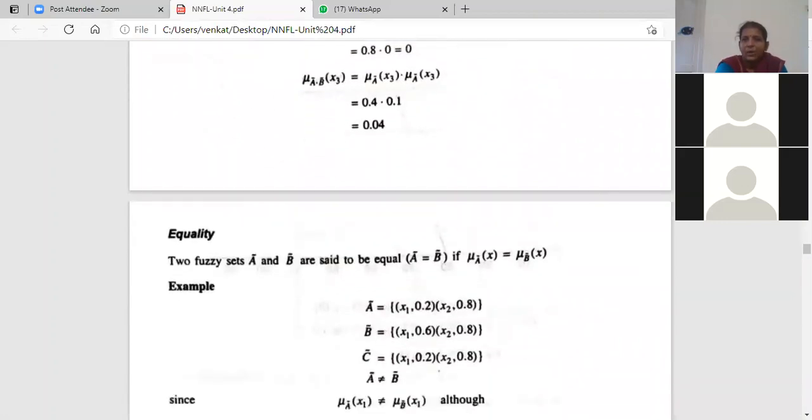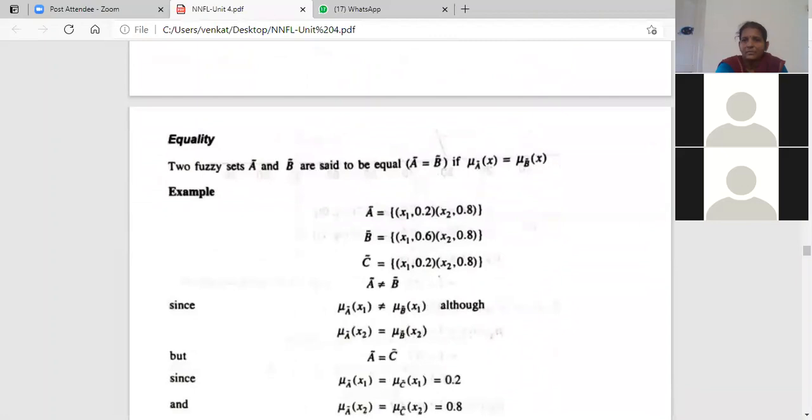Next, equality. Two fuzzy sets are said to be equal if the membership function of A is equal to the membership function of B. Here, A and C are same. B has a different membership value for X1, so they are not equal.